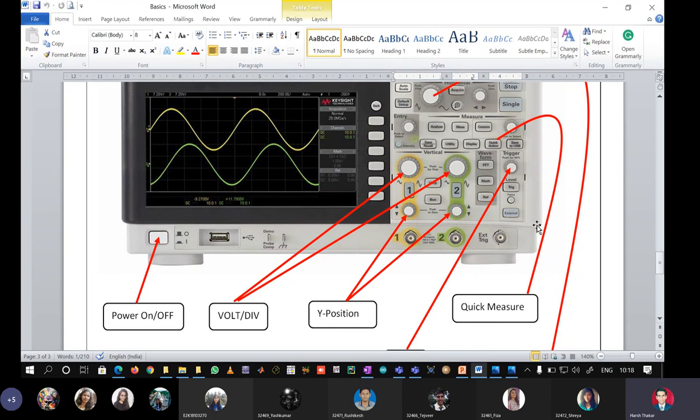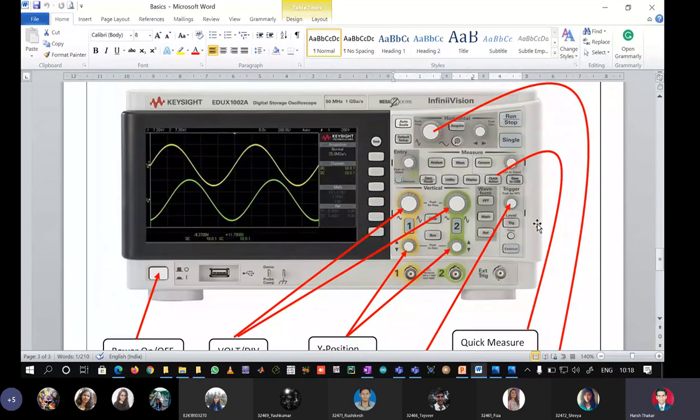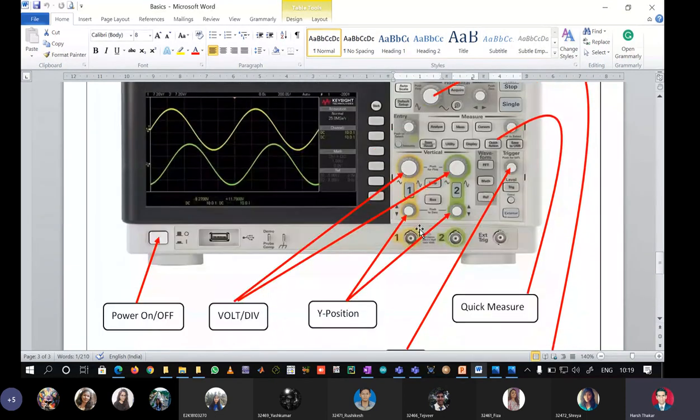There is a quick measure button. This is a good feature of DSOs. If you want to see on one screen the peak to peak value, peak value, RMS value, rise time, fall time, time period, frequency, duty cycle, everything comes on one single screen using the quick measure button. This is a very good facility in the DSOs.